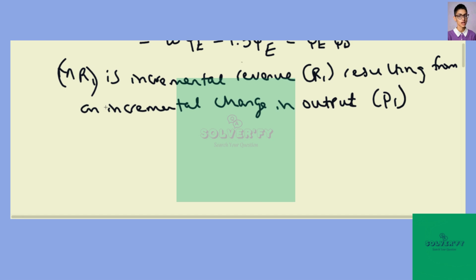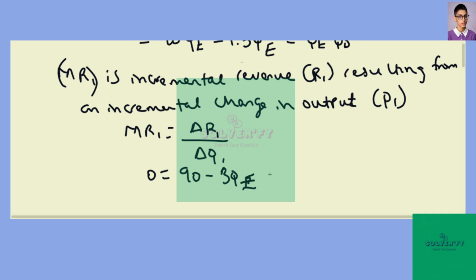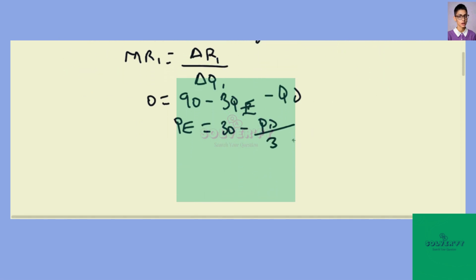So the MR1 is equal to the change in R1 divided by the change in Q1. So 0 equals 90 minus 3QE minus QD, and then QE equals (30 minus QD) divided by 3. And then this is equation 1.